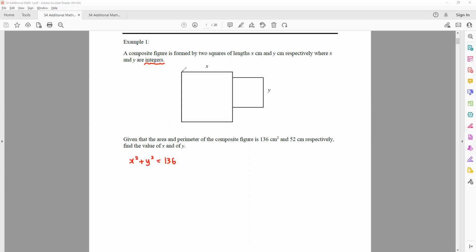So perimeter is made out of this, this, this, this. So the blue color ones are all y and the red color ones are all x. So the only part that is left not calculated is actually these two parts.